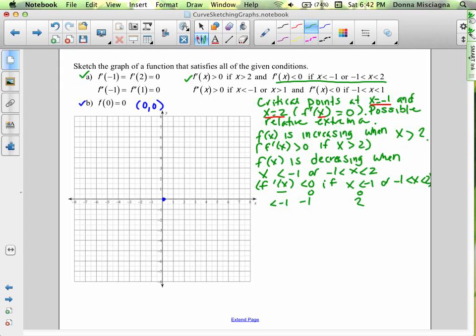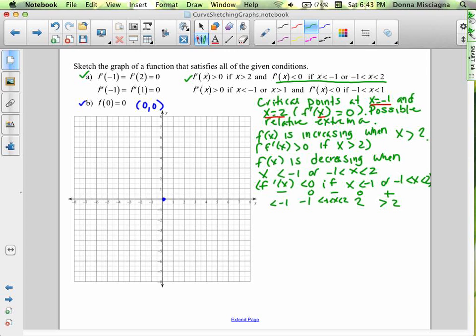So anything between -1 and 2, whatever it is, that was still negative. And then greater than 2, positive. So let's take a look at our sign chart here. There's no change in sign at -1.